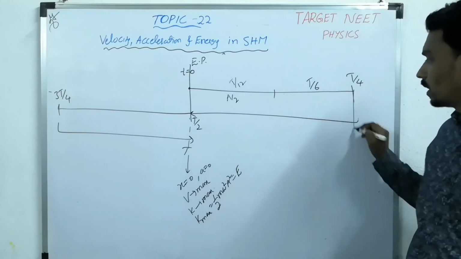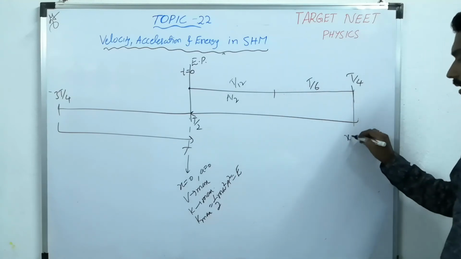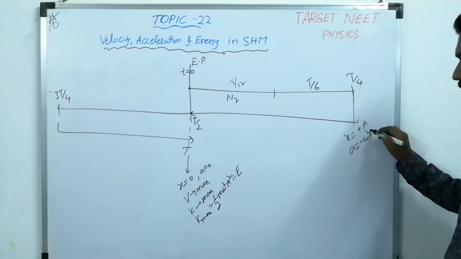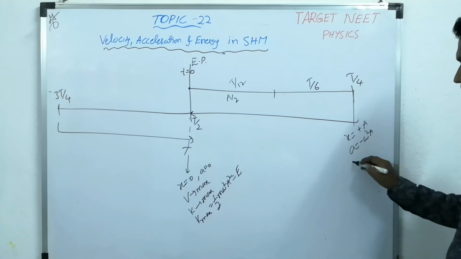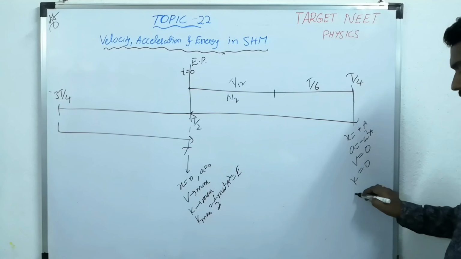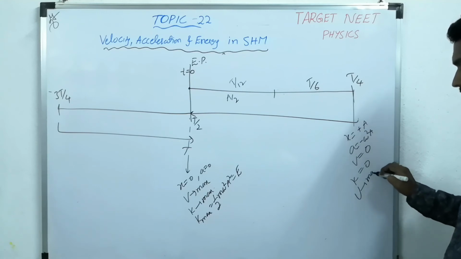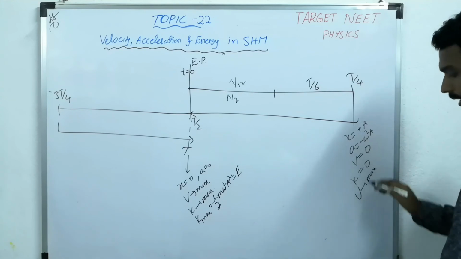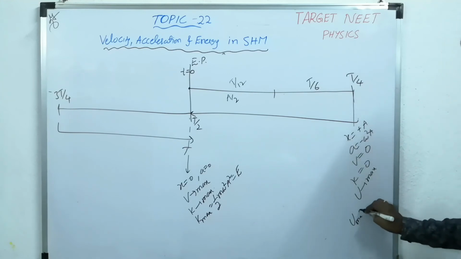Now if you go to the extreme position, x is plus A here, then acceleration is minus omega square A, then velocity is 0 minimum, then kinetic energy is 0, and potential energy here is maximum. How much? When x is maximum, potential energy is maximum. What is that?